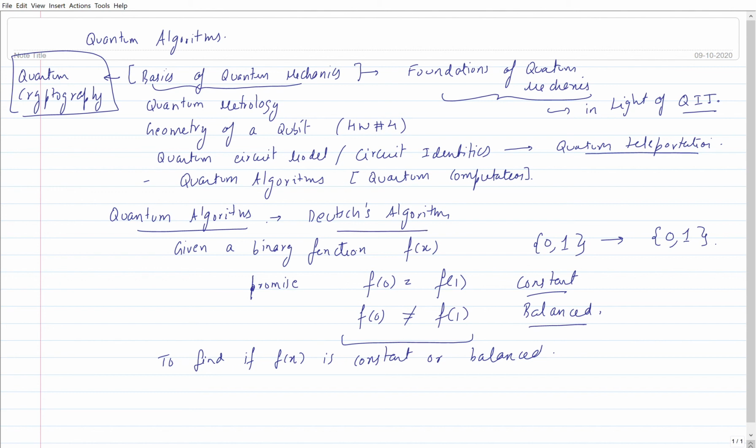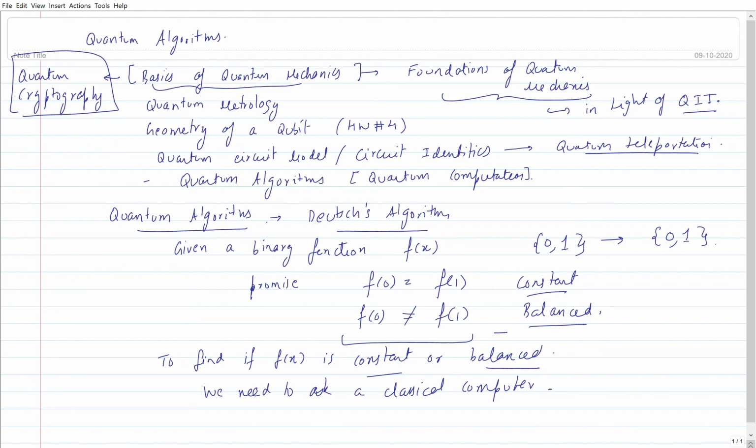So coming back to the task, this was Deutsch's algorithm. We have a binary function, and I give you a promise: either the function is constant or it is balanced. The task is to find whether it's a constant function or a balanced function. So what do we do on a classical computer? We put in values. How many times should we ask a classical computer?